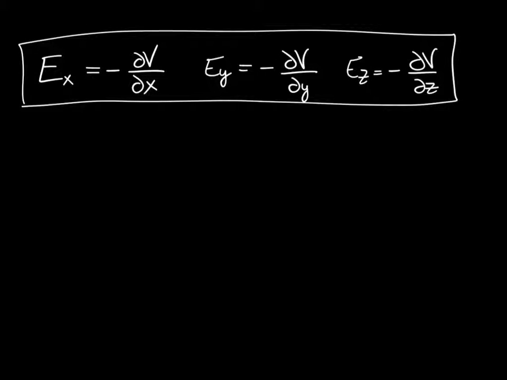So each component of the electric field can be understood in those terms, partial derivative terms, and so these would be components, oops, all caps here, of E in terms of V.